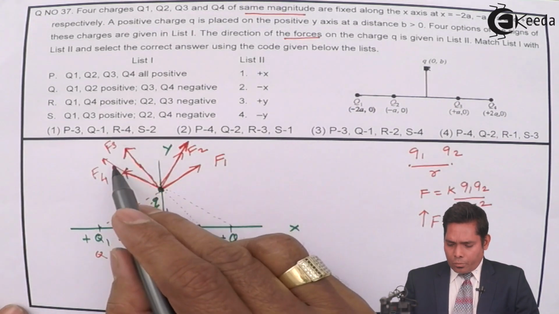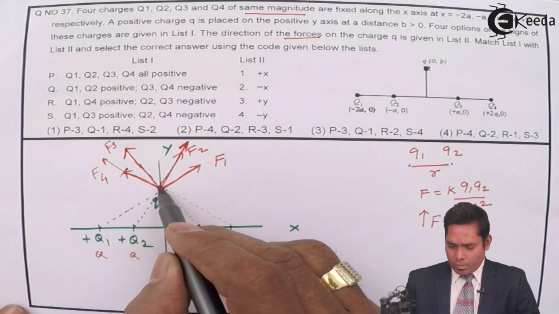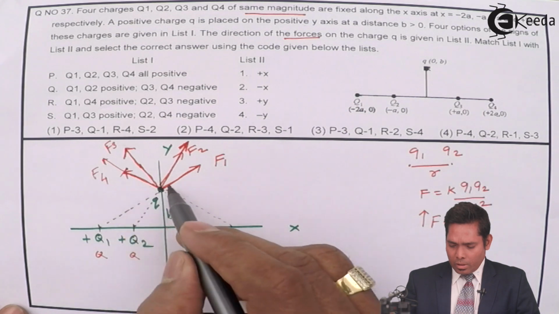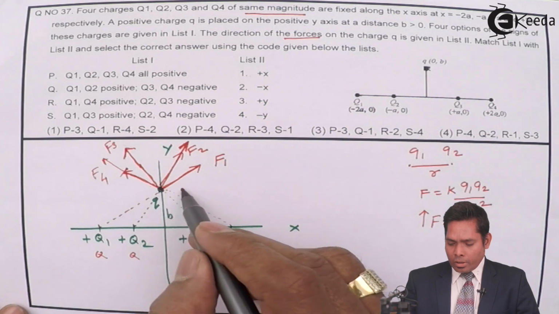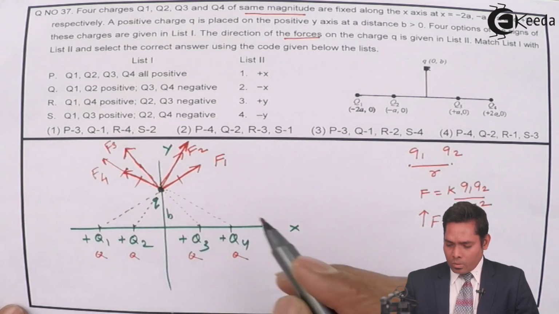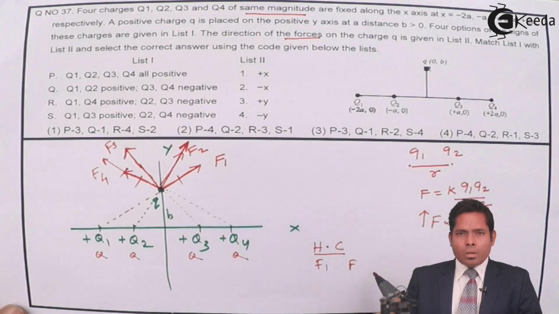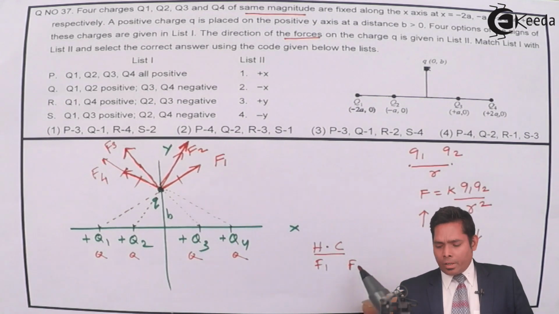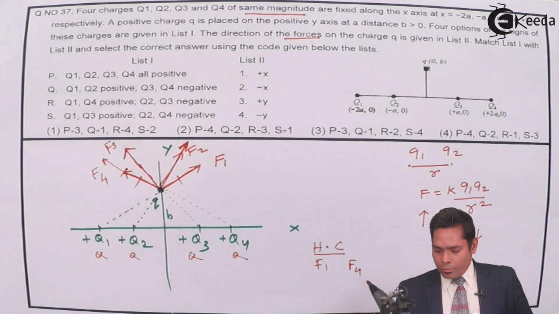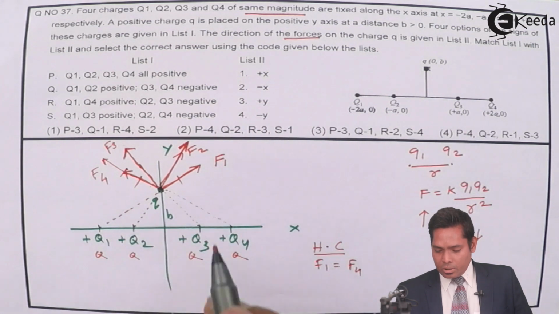So you can see that all the forces are in this direction. If I take the components of this force, one will be in this direction, another in this direction. Similarly for this force. The horizontal components of F1 and F4 are equal and cancel out, being in opposite directions.